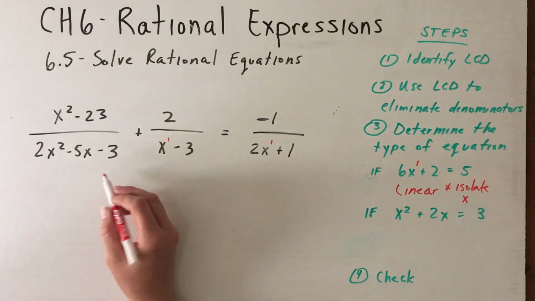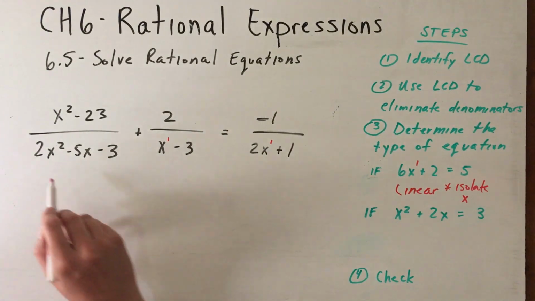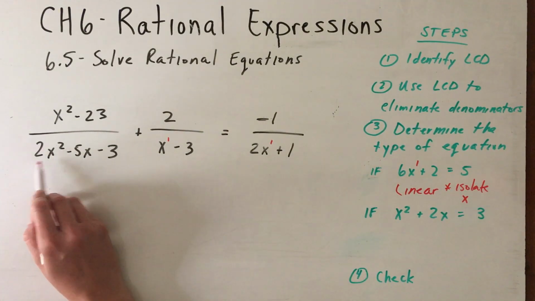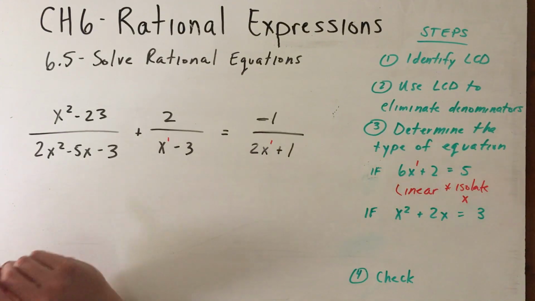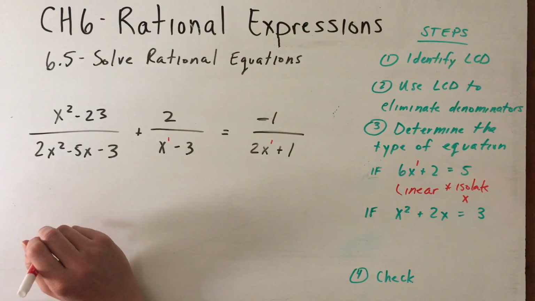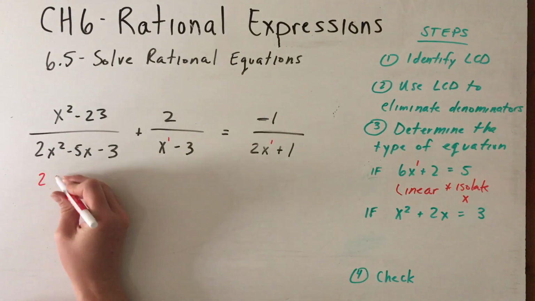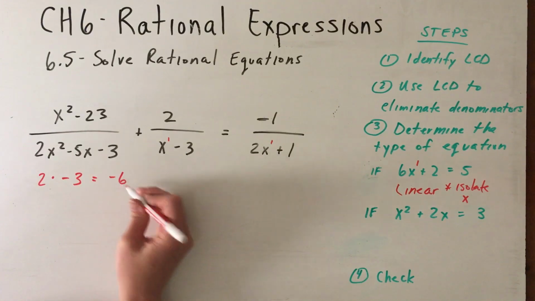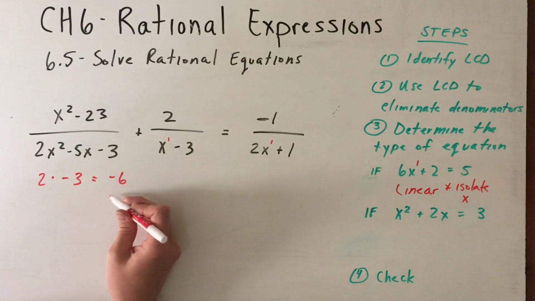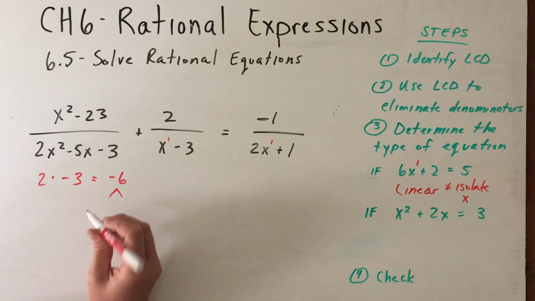If I want to factor this denominator, then I'm going to see if there's a GCF, which there's not. Then I'm going to say there's 1, 2, 3 terms, so I'm going to use synthetic factoring. For synthetic factoring, I'm going to do 2 times negative 3, and that's going to be equal to negative 6. I'm going to be looking for factors of negative 6 that sum to negative 5.